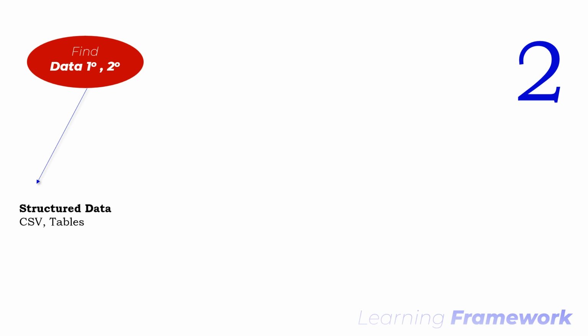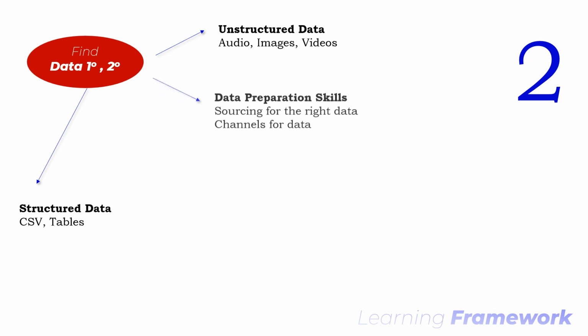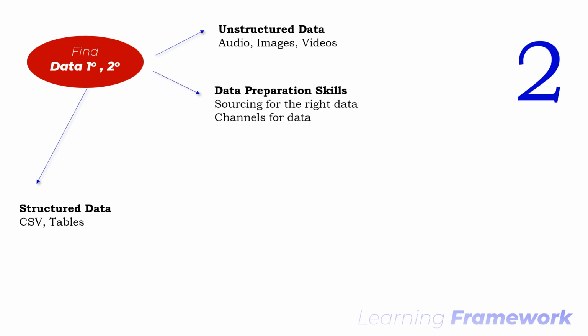When you have to do with data, we have structured data, which is arranged in CSV or in tables. Then we have unstructured data, which are images, audio, videos. These are just data. Then we have data preparation skills. When it has to do with sourcing of data, you have to understand data preparation skills. This has to do with sourcing for the right data through the right channels.